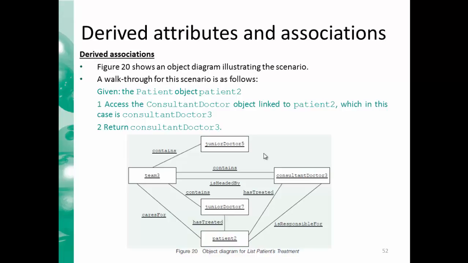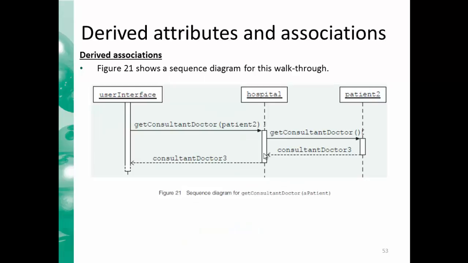This can imaginably be done this way. I contact patient 2 to get the consultant doctor, but patient 2 needs a link to the consultant doctor to be able to know who that is.